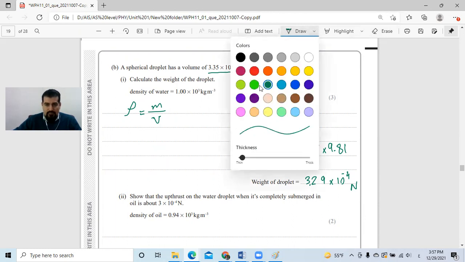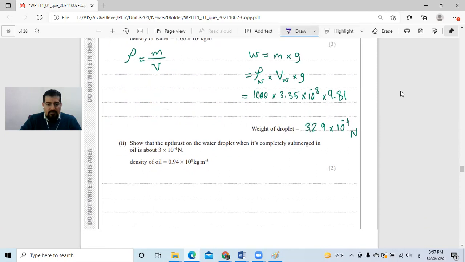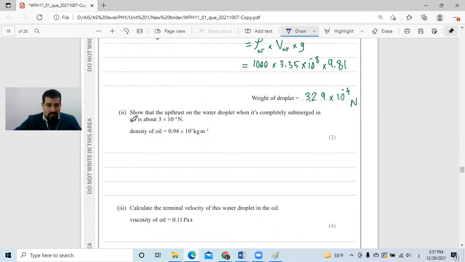Next, show that the upthrust on the droplet, when it's completely submerged in oil, is approximately 3 times 10 to the power of negative 4 newtons.